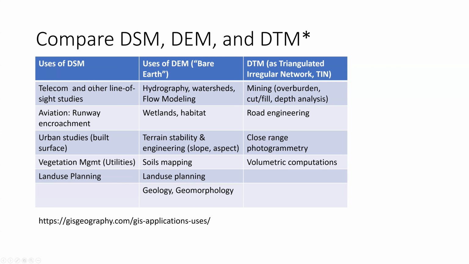So the digital surface model gets used in telecom, aviation, urban studies, a lot of things that involve infrastructure, including vegetation management around utilities. Everybody knows how California and the utility company there, what's his name? Just went out of my head.